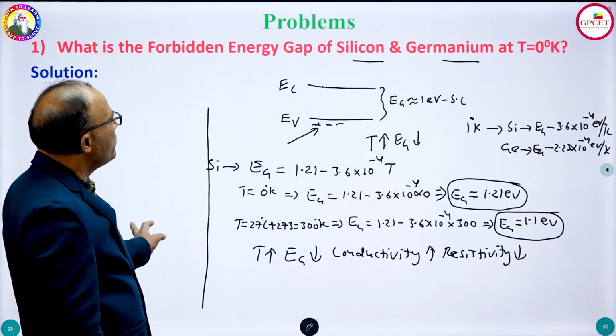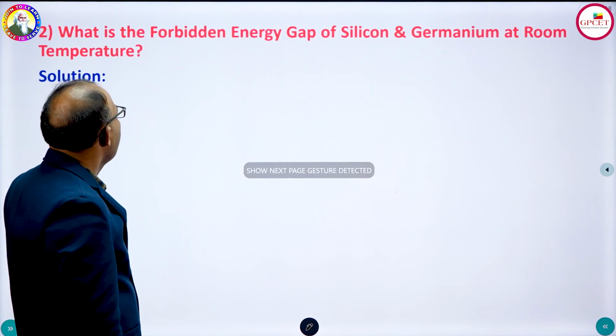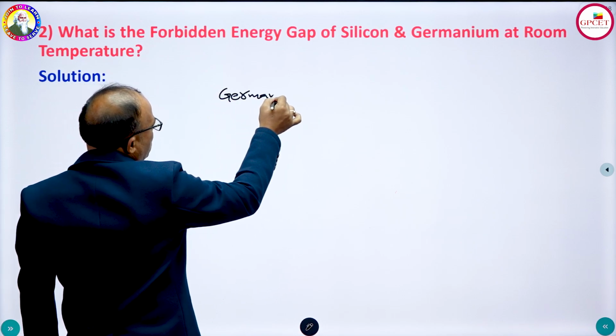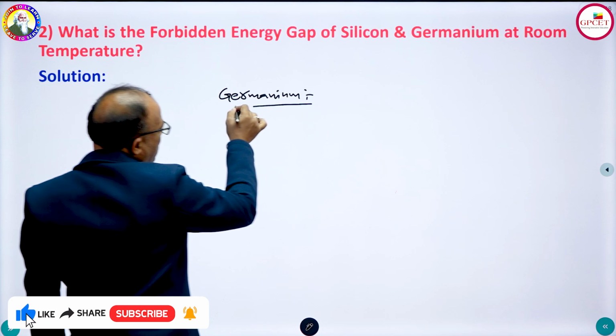For example, germanium material, what happens? If it is a germanium material, then what is the energy gap?